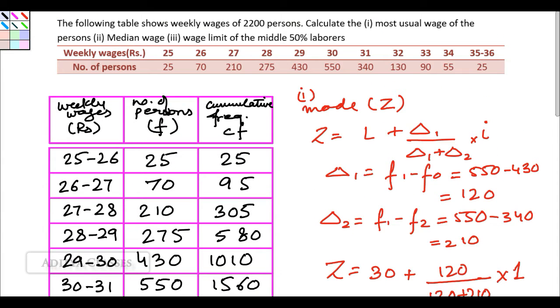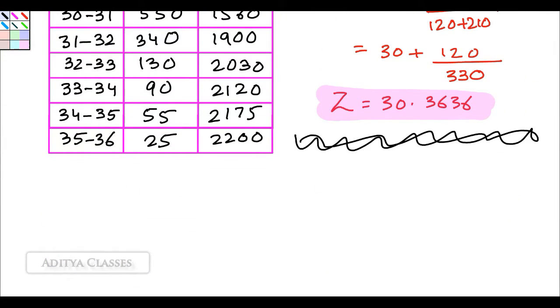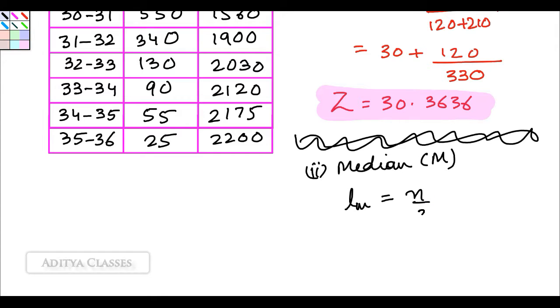Now let us find the second value that they desire in the question, that is the median wage. For median, we remember it is a two-step process. First of all, we need to find the location of the median. Location of median is n by 2. N is 2200, so it is 1100.